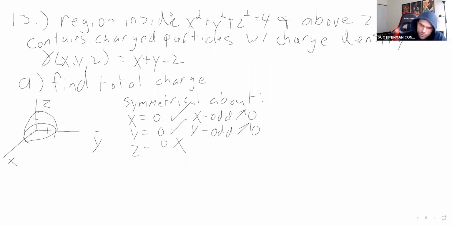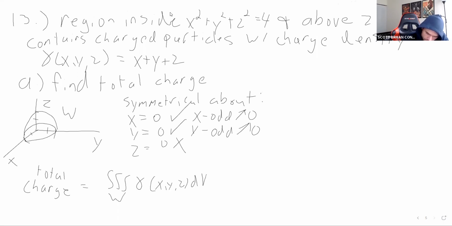Okay, so the total charge, let's call this region W, is going to be the integral over W of the charge density. Before we switch coordinate systems, let's use our symmetry, if possible, to simplify our integral.